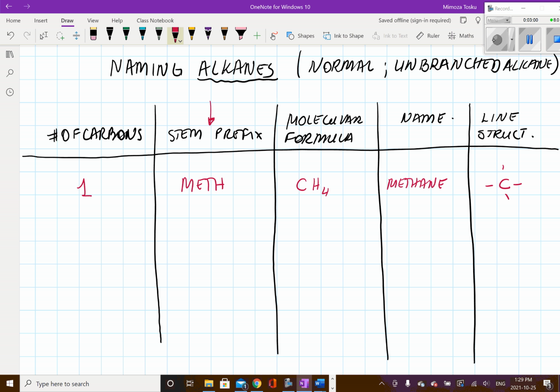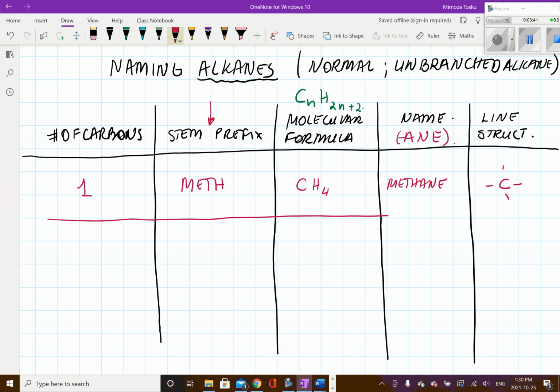The first one is when we have one carbon, it's known as methane. Meth is the stem prefix. The molecular formula, based on the general formula CnH2n+2, will be CH4. And the name is methane, so it is the stem prefix with -ane added. And the line structure is like that.